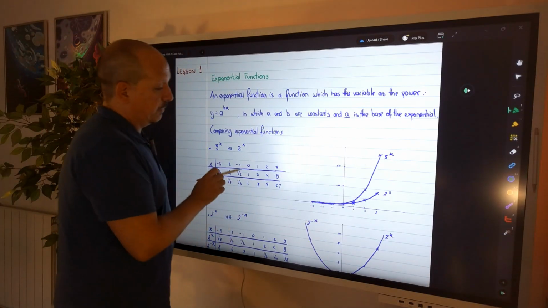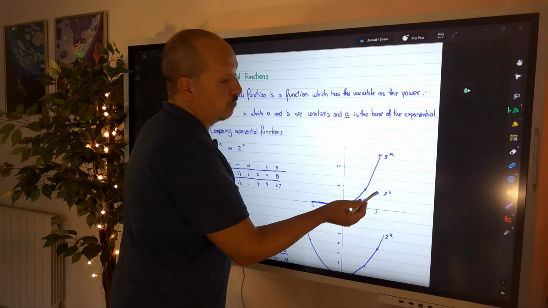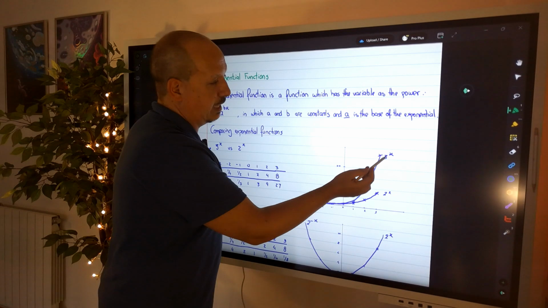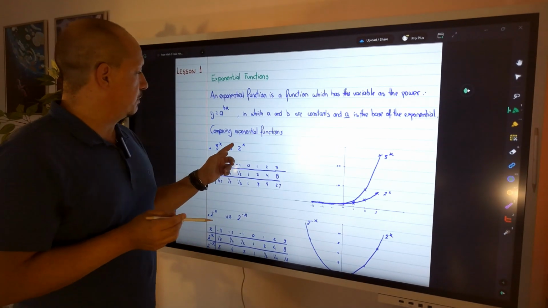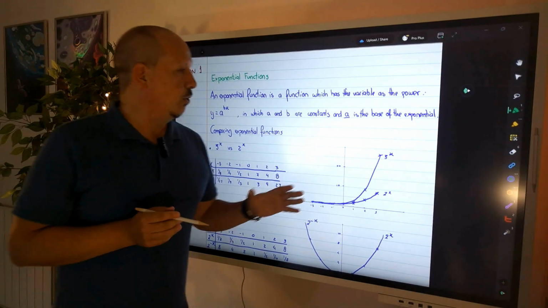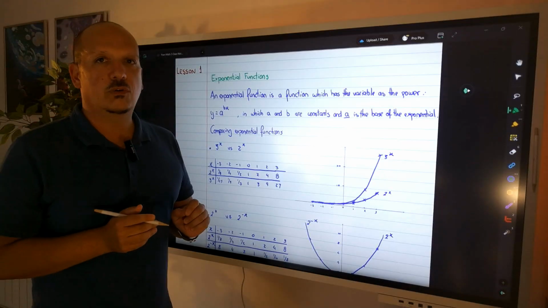Over to that side, as x increases, obviously the function is going to increase as well, but this one with a higher base will increase more rapidly. So all things being equal, a higher base will make the exponential function increase more rapidly.